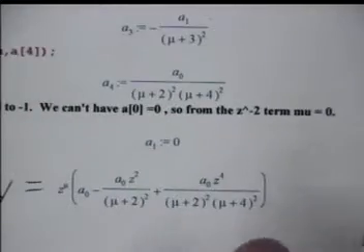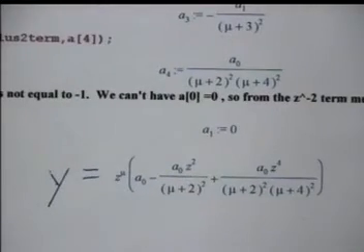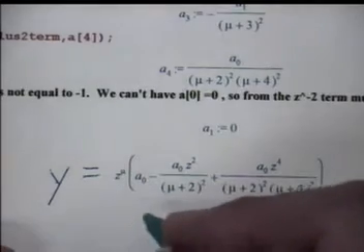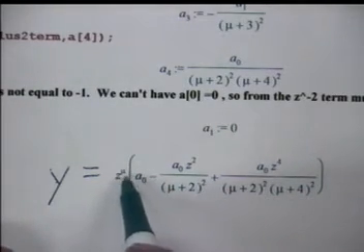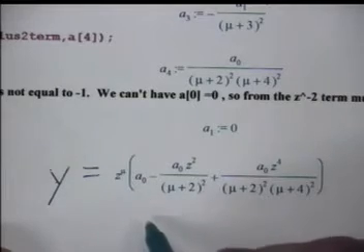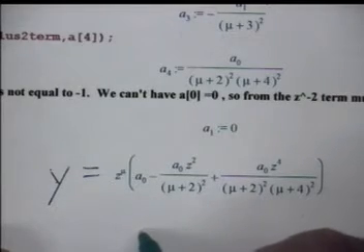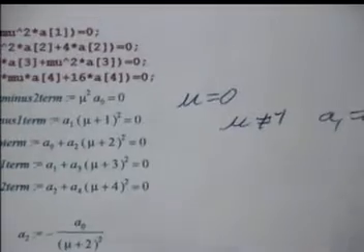So what we'll end up with in this case is a coefficient a0 in front of z to the mu power, and again we've already found that mu is equal to 0.